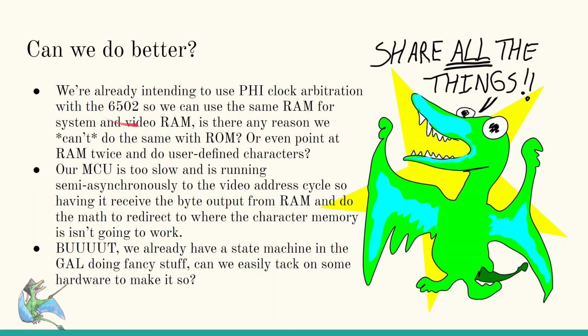We've talked in a previous video about how I've already set up clock generation on the video device, so it could share according to the same method that was used by real 70s and 80s computers like the Apple II and the Commodore 64 and such. That'd be able to share the same memory between the CPU and video without having any sort of contention by using opposite sides of the 6502's phi clock.